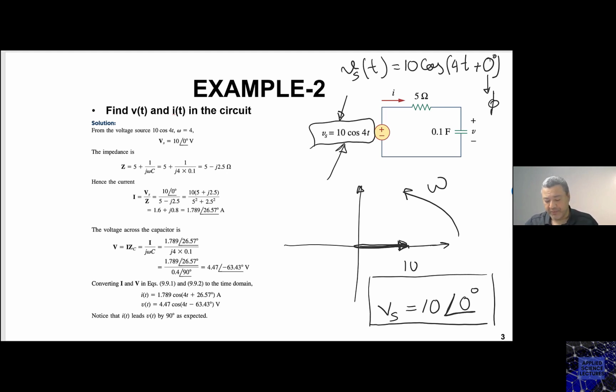Okay, so we have agreed upon using phasor representations for sources, going from the time domain into the frequency domain.